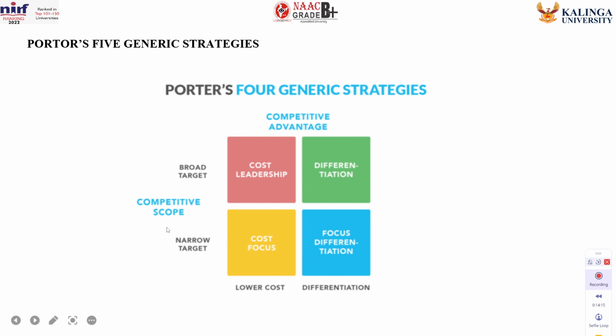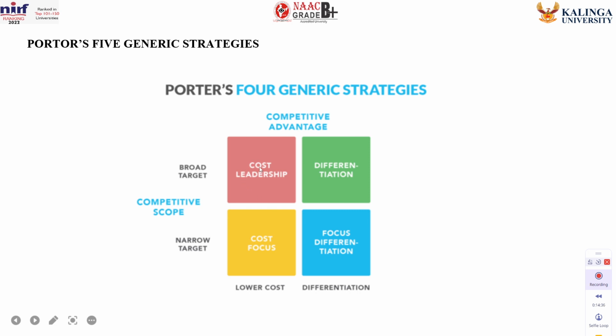But in case you have a narrow target but higher differentiation, then your focus should be differentiation. So if higher cost and lower target, then this should be focus differentiation. This is competitive advantage, and this is competitive scope.